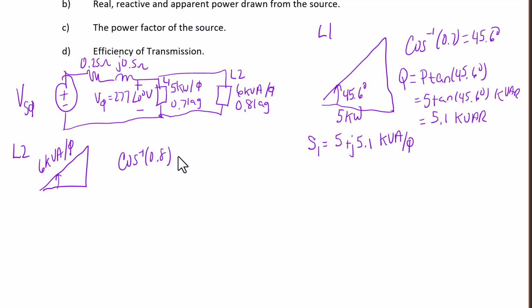So that angle is 36.9 degrees, where this is Q and this is P. So P is equal to 6 cosine 36.9 degrees, and that is going to be kilowatts. So P is equal to 4.8 kilowatts per phase.